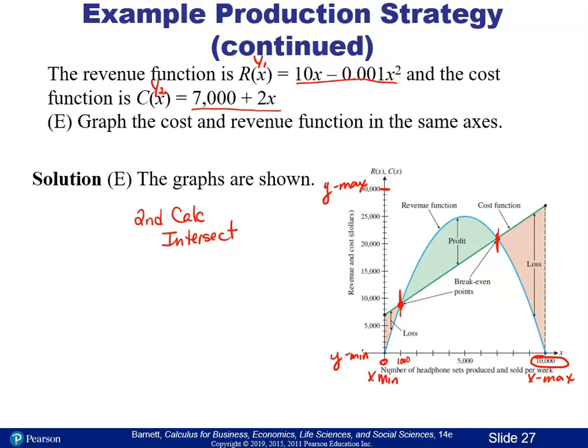When you do that, you're going to see that this is the point 1,000 and 9,000. And if you come over to this point here, this is the point 7,000 and 21,000. So somewhere between 1,000 units and 7,000 units, the company would be profitable, but more than 7,000 or less than 1,000, it's not going to be profitable.